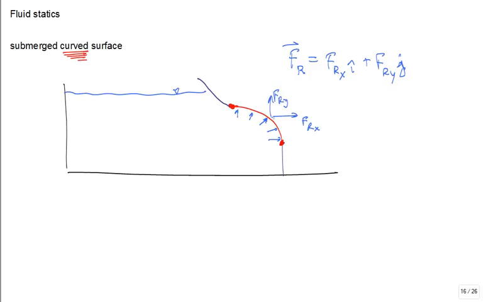Then I would want to know where the line of action of this resultant force goes through, that the water's pushing on this red curved surface. The way I would do that, as outlined in the textbook, is cut and do a free body diagram.